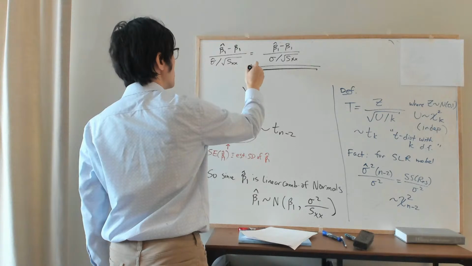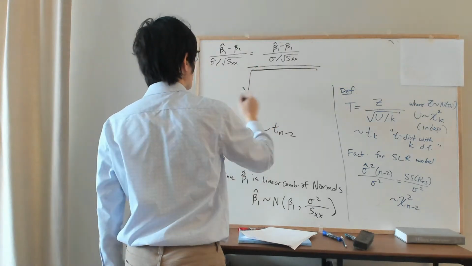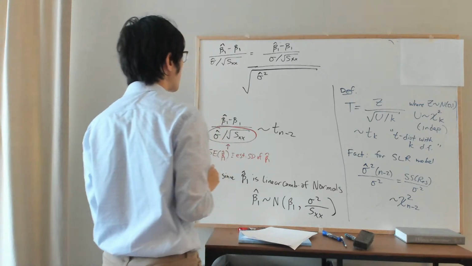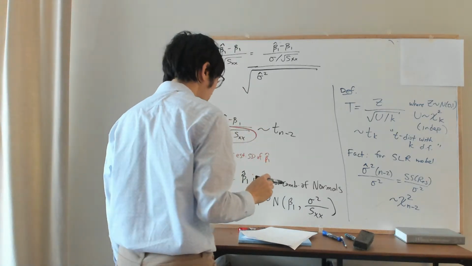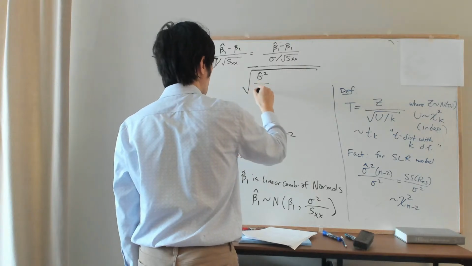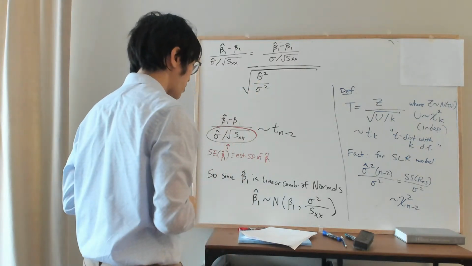Okay, so in the denominator. Originally I had sigma hat, so I'm going to have sigma hat squared. And I'm going to divide by sigma, so it's inside the square root, so it's sigma squared.